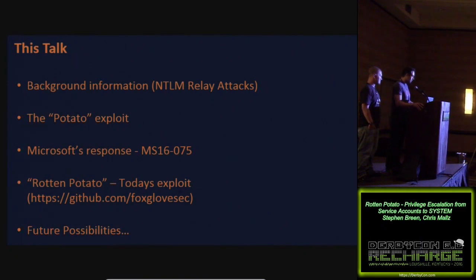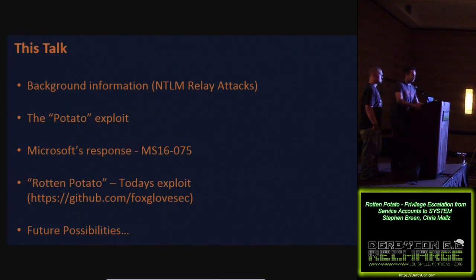And then we'll talk about Rotten Potato, which is today's exploit, and the code for that should be available about an hour after this talk. And we'll get into some future possibilities. If you're interested in researching these kinds of things a little more, there are definitely some unknowns out there and some cool future work to get into.